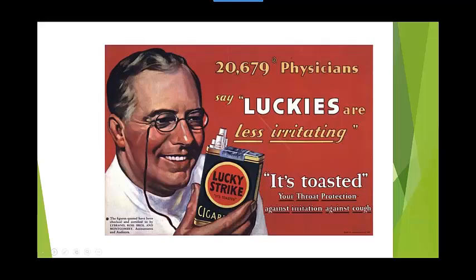But this is an old ad, back in, I guess, the 50s or something. And this ad is relying on people in authority to make an argument about cigarettes. Whereas in reality, if you look at current medical evidence and such, cigarettes are not very good for you. So that's a pretty classic example of appeal to authority.